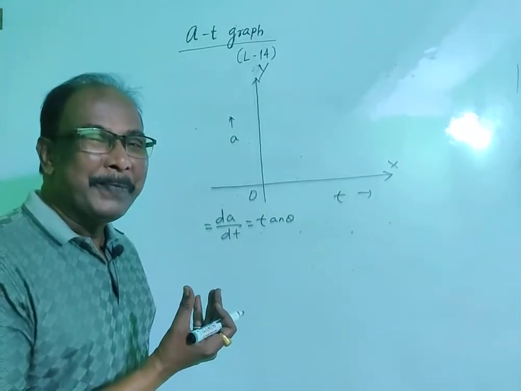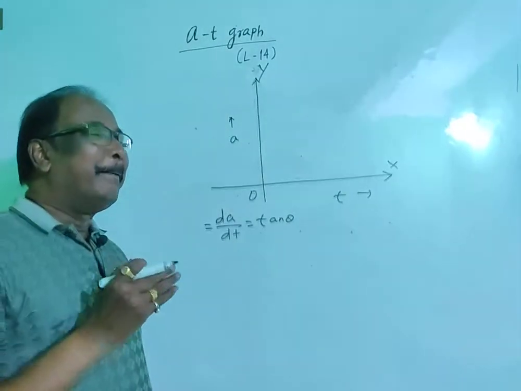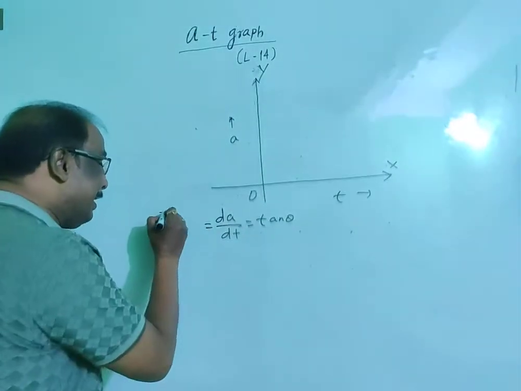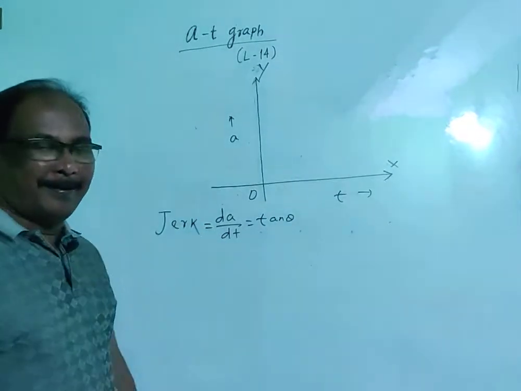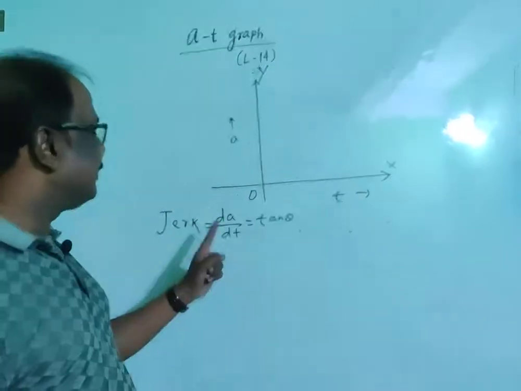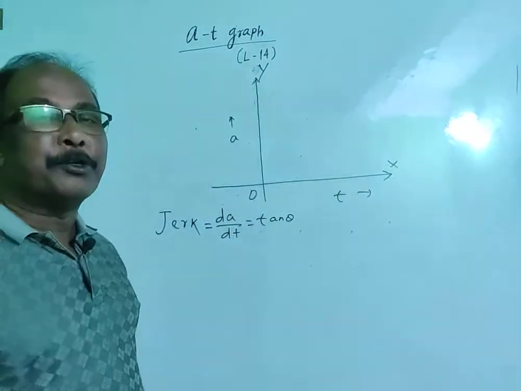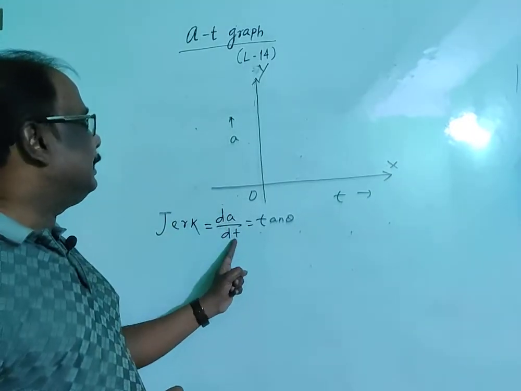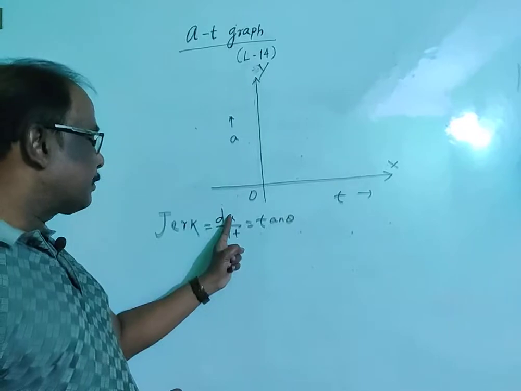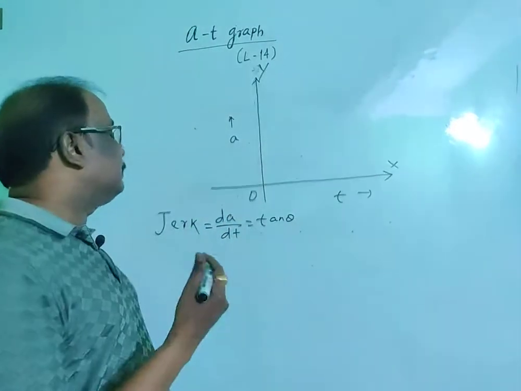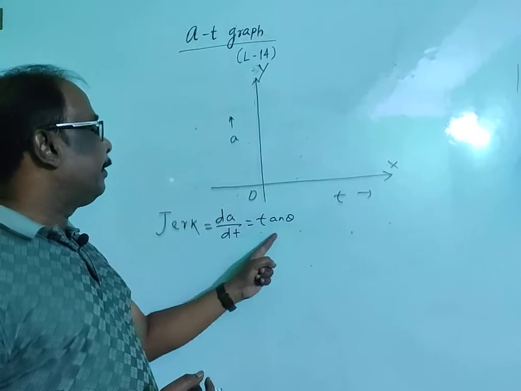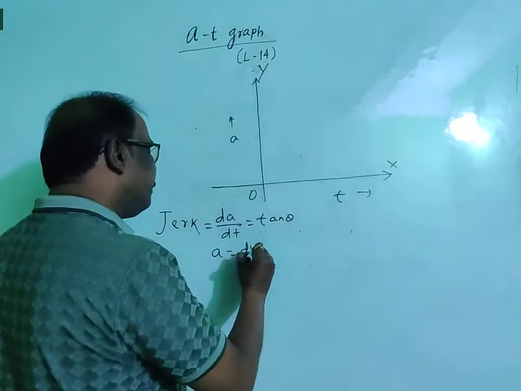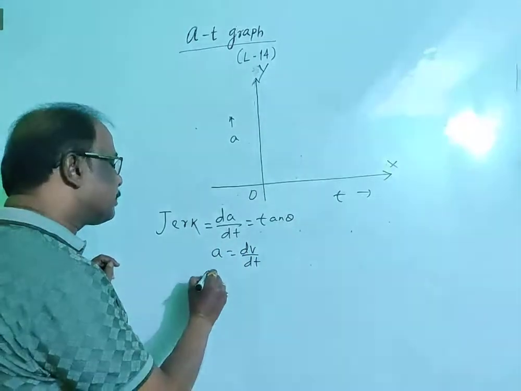I told you about distance, displacement, speed, velocity, acceleration, and finally jerk. The rate of change of acceleration, dA by dt, is called jerk. So dA by dt is jerk and dA by dt is tan theta, the variation of acceleration with respect to time, and the AT graph can be drawn by using the slope of the graph. Again, you know, acceleration is dV by dt, instantaneous acceleration.